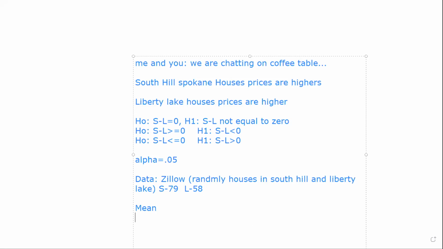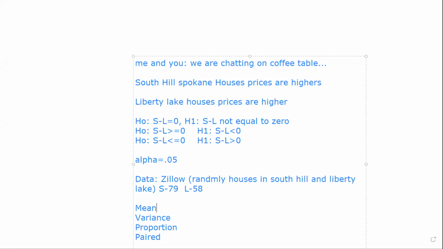We can also do it on variance, and on proportion. And we can also do it on paired means, which is two situations, before and after. So these are the options. We are just going to do the very simple mean first.